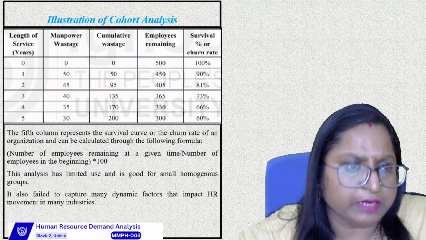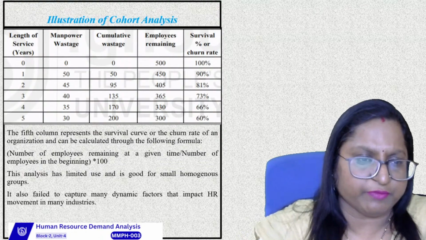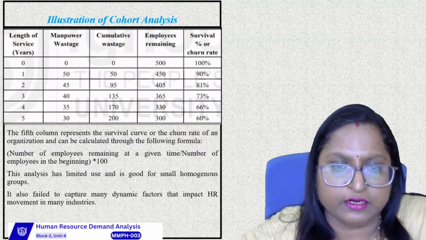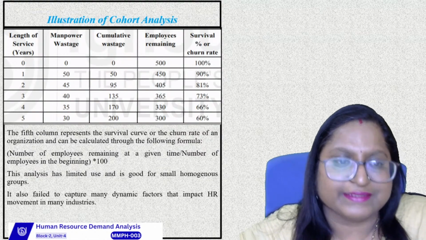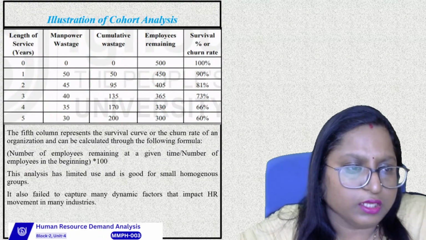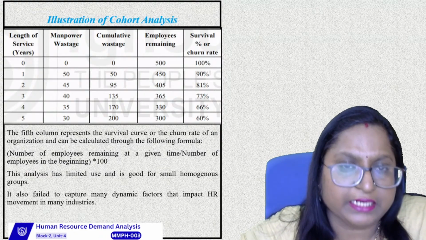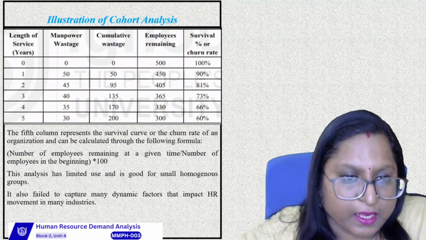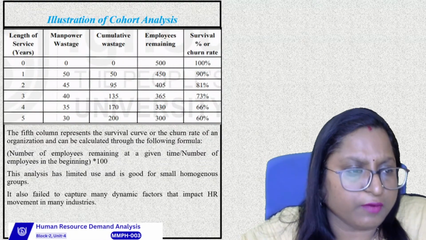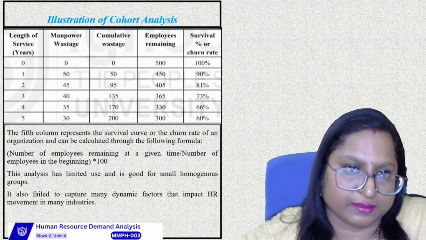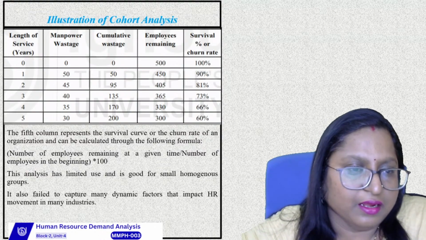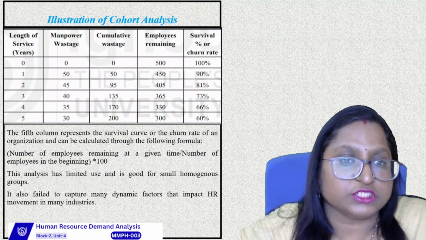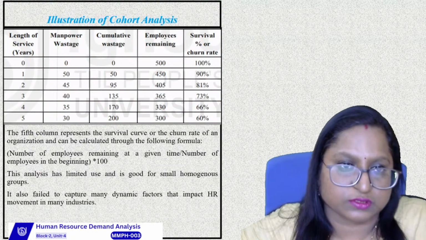The fifth column represents the survival curve or the churn rate of an organization that can be calculated through the number of employees remaining in the given time, divided by the number of employees in the beginning, into 100, right?